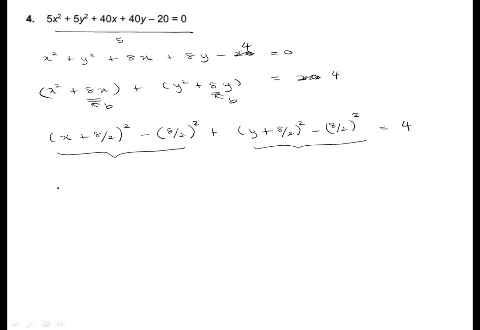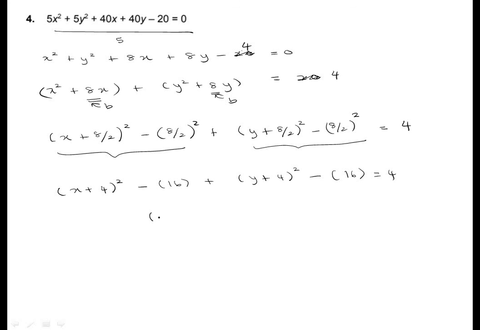Now let's simplify. 8 over 2 is 4, squared, is 16, plus (y plus 4) squared minus 16, and again 8 over 2 is 4, squared, is 16.